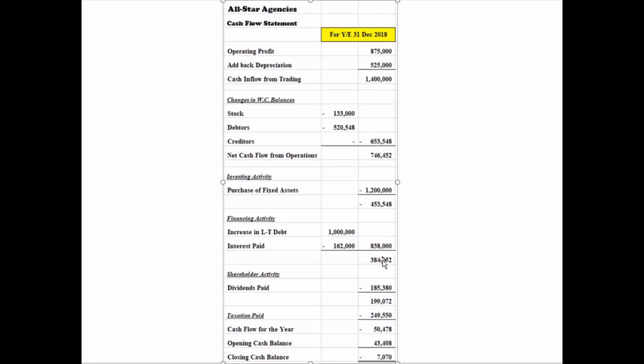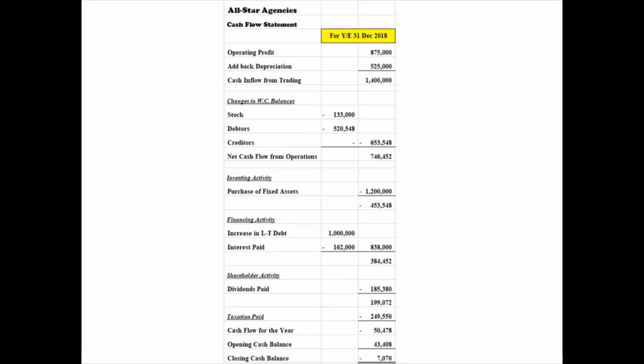Accountants love their subtotals. I don't think there's much value in the subtotals. I really want to see just the transactions that have caused the change in cash flow, but that's just a personal preference.